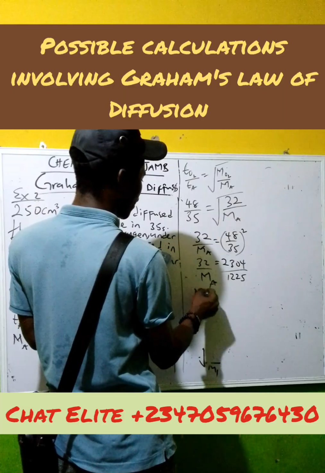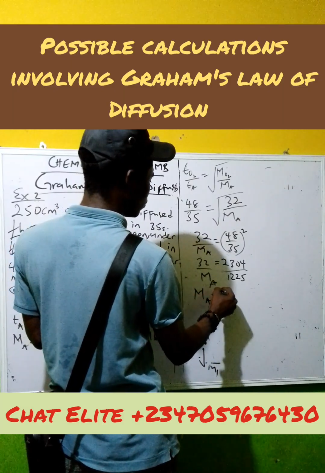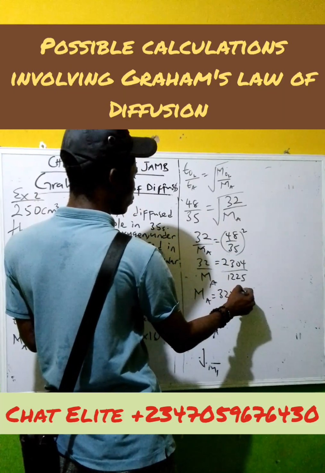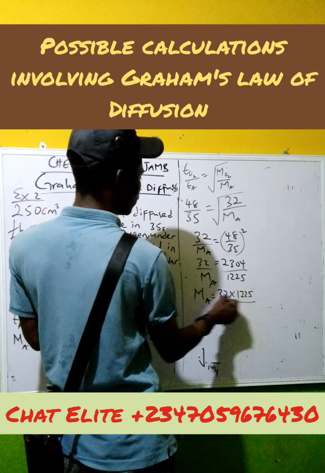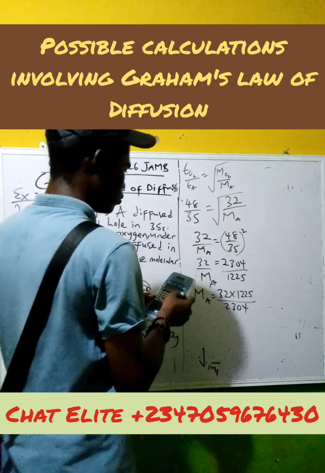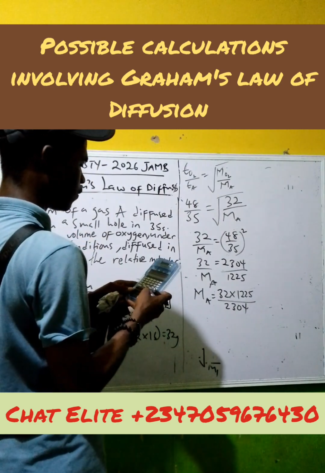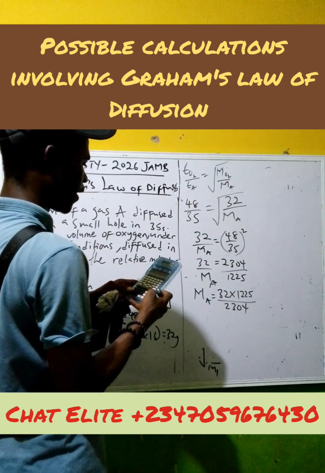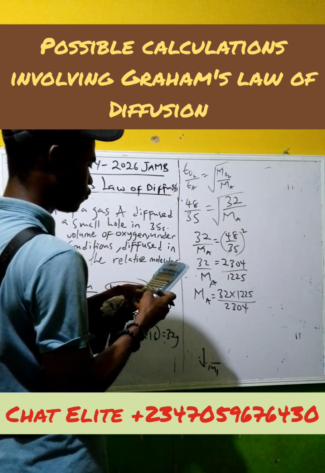Which implies that our MA is equal to 32 times 1225 divided by 2304. So 1225 times 32 divided by 2304.